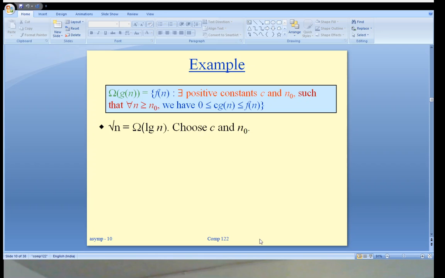Yes, because the growth of under root n, after a certain number, keeps on increasing much faster than the value of log n. Log n would always be less than the value of under root n after a point. So this is the lower bound.